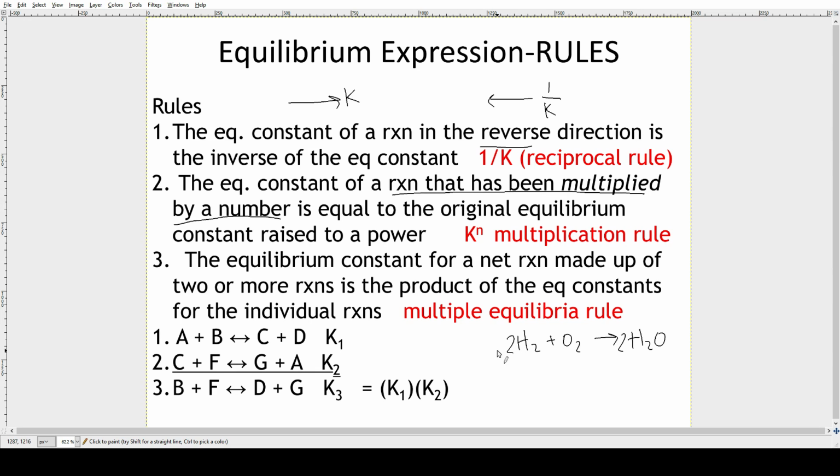If this has an equilibrium constant of K, then multiplying the whole reaction by, say, 4 would lead to an equilibrium constant of K to the 4th power.